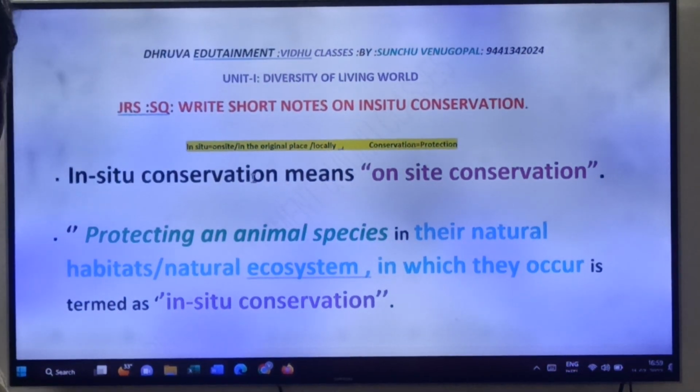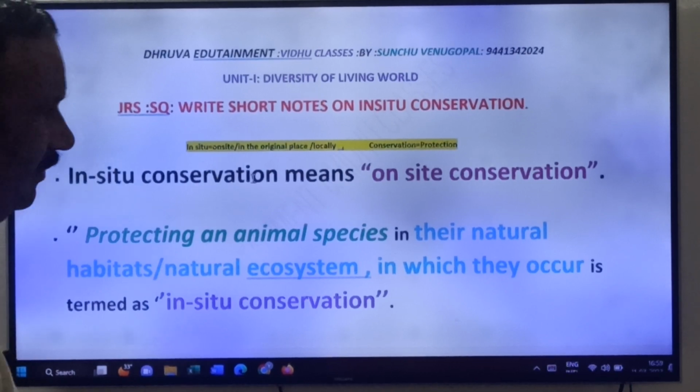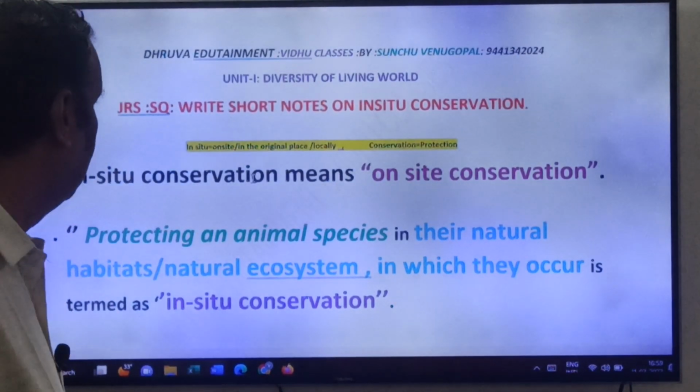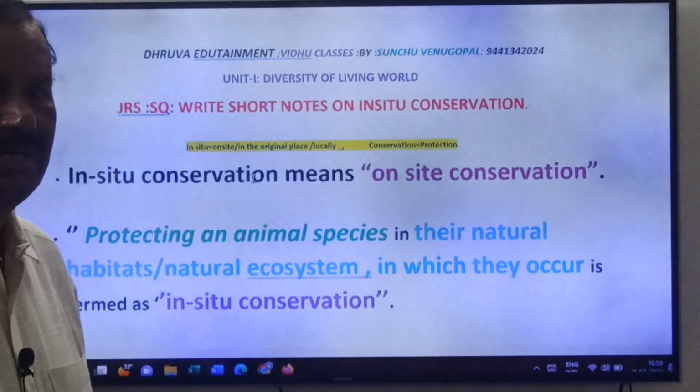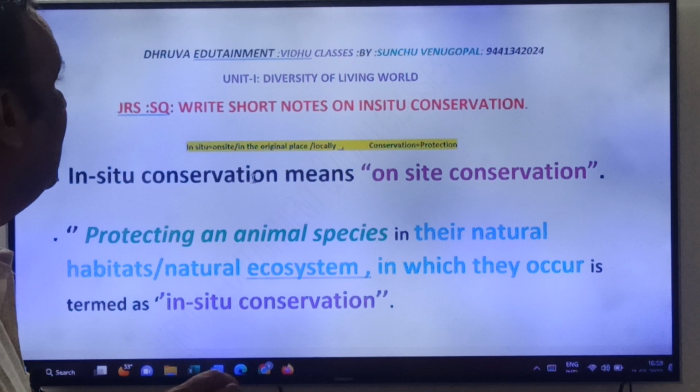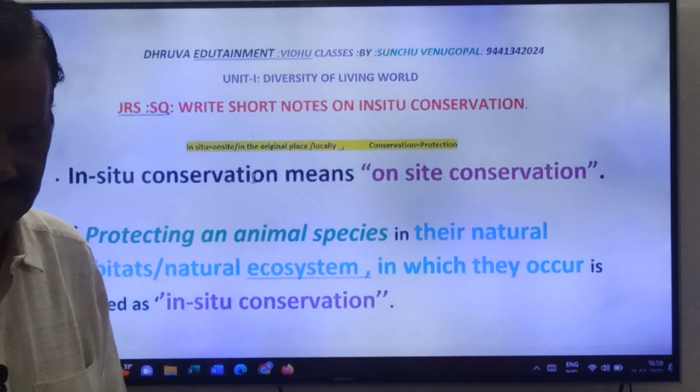Friends, this question is from Unit 1 of first year Geology, on the diversity of the living world. What is our question? Write short notes on in situ conservation.